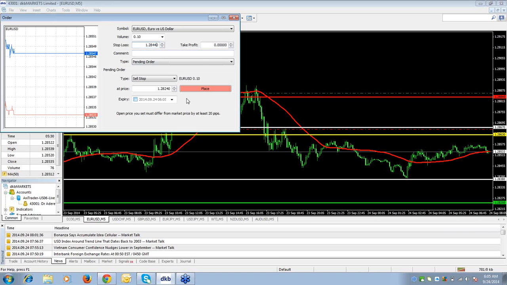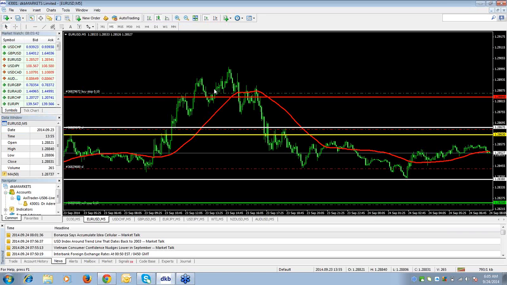Again, 20 pips stop to sell and profit limit 60 pips below. There we are. So I have my pending sell order below S1 with a 20 pip stop loss, 60 pips profit limit, and a pending buy order just above R1, the first resistance, with a 20 pip stop loss and a 60 pips profit limit.